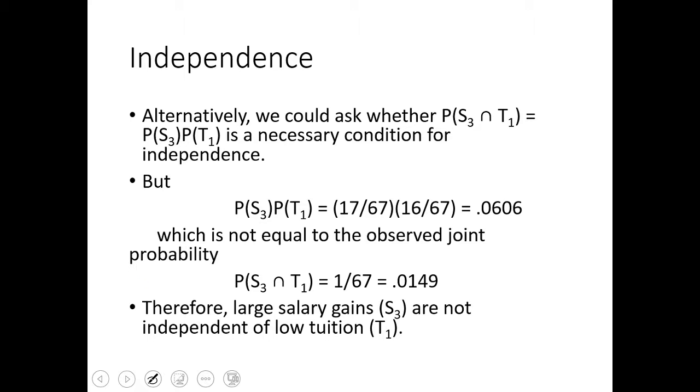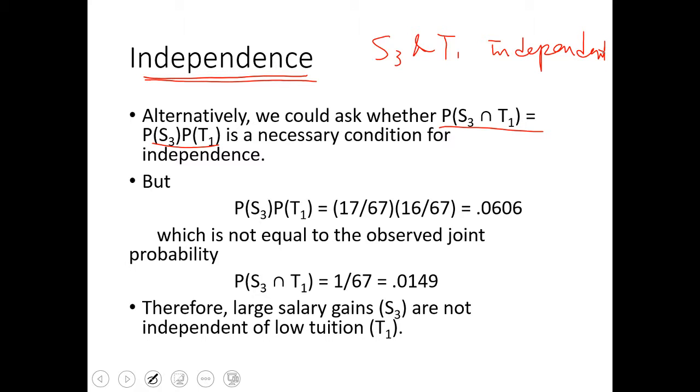On the other hand, we can check independence using this fact. If S3 and T1 are independent, then the probability of S3 intersection T1 should have the same value as the probability of S3 times the probability of T1.